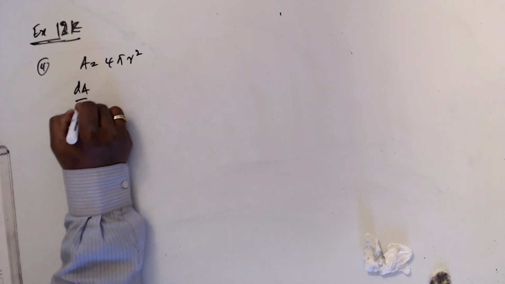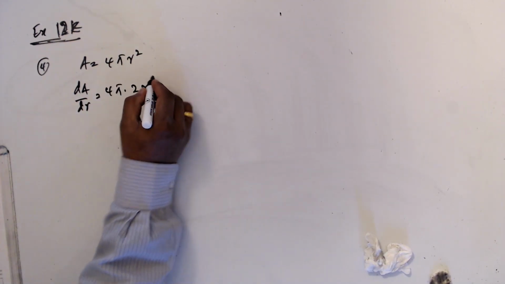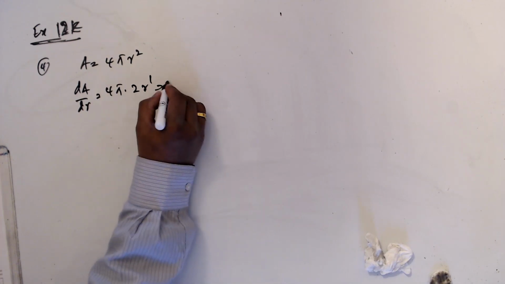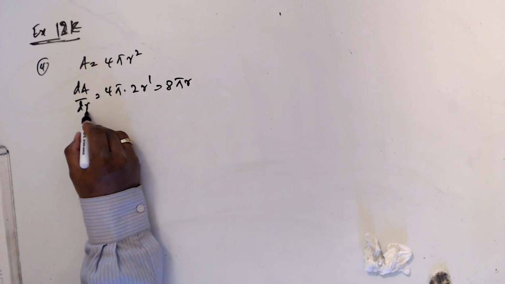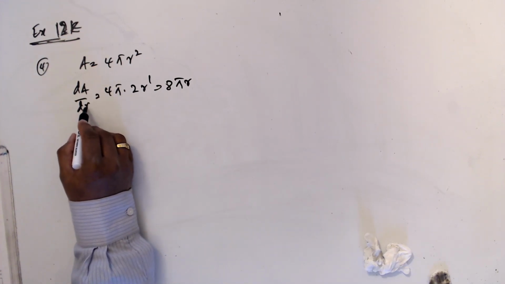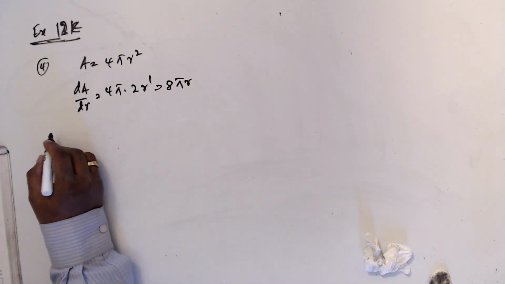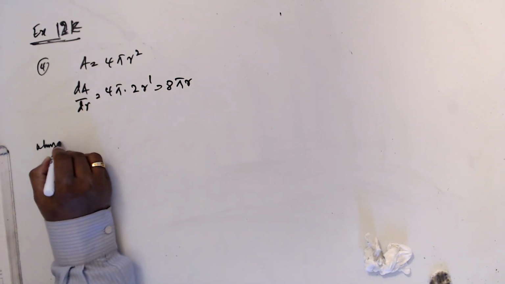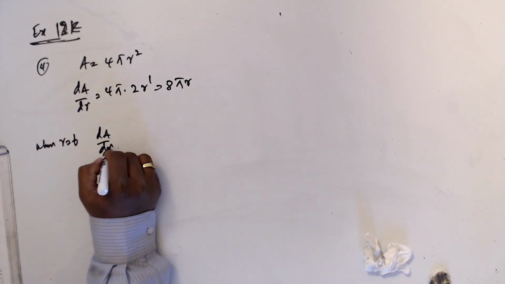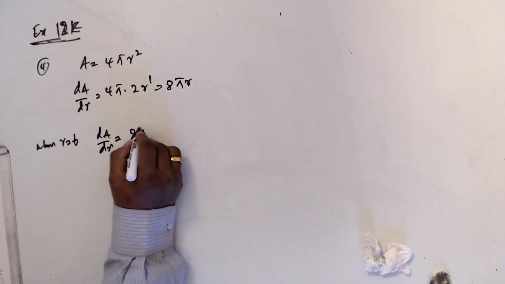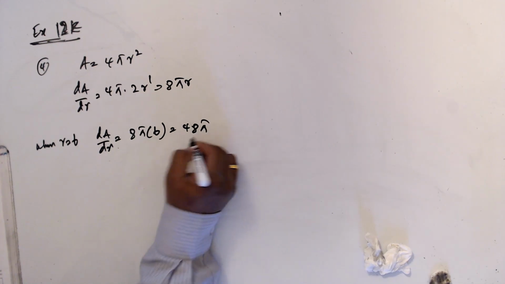So dA over dr is 4 pi times 2 times r, so this is 8 pi r. This is the common instance. But if you need a special instance, when r equals 6, we'll substitute and say dA over dr equals 8 times pi times r, where r is 6. That is 48 pi.